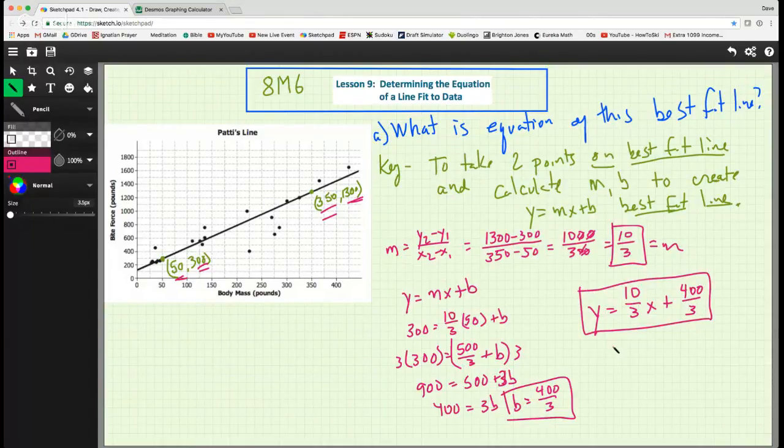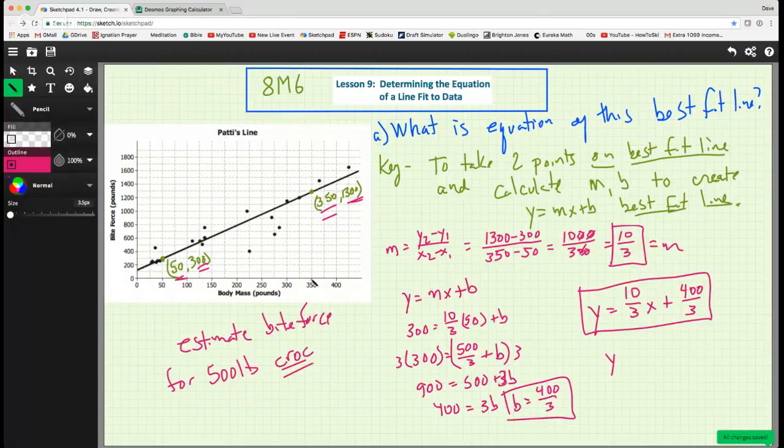So let's use this power and estimate the bite force for a 500-pound croc. So here we go. We're going to put 500 pounds. So we're going to pretend 350, 400, this would be 450, it'd be 500, somewhere over here.